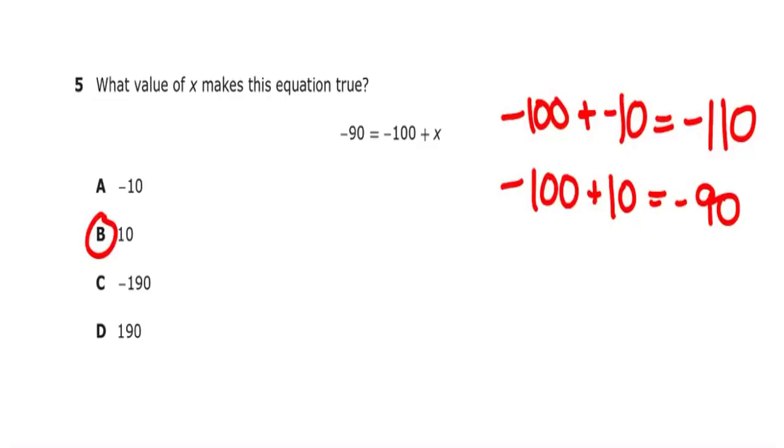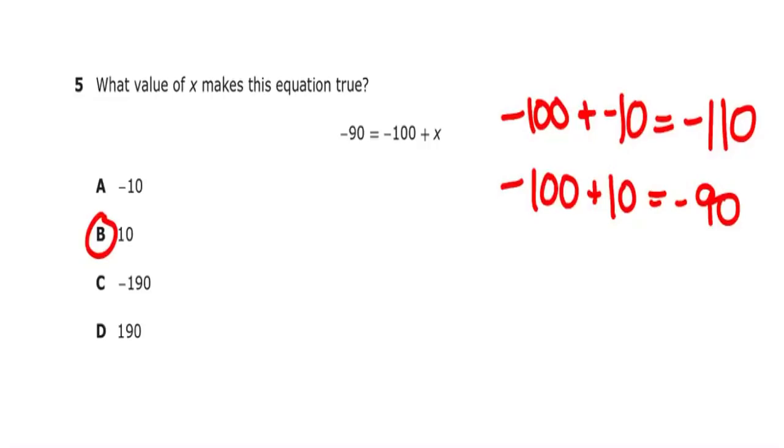Think if we had a chart, just like how I showed in problem number 1, negative all the way over here, 0 in the middle, then your positive numbers. We're at negative 100. Think you have a dot at negative 100. And then they tell us to move a positive 10 spots. We're going to move a positive 10 spots closer to the 0. But we're not all the way to 0. We're still on our negative side, but we move closer to the 0.